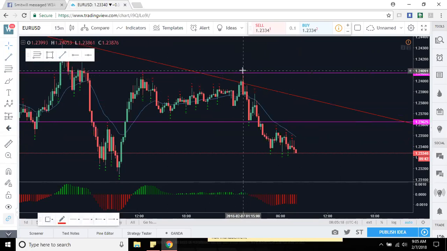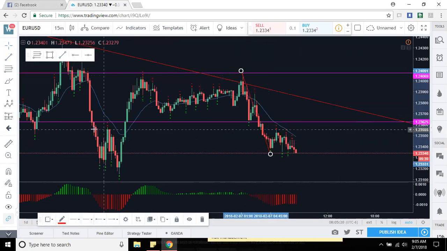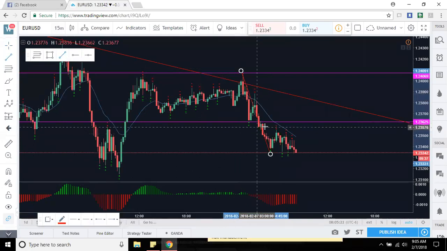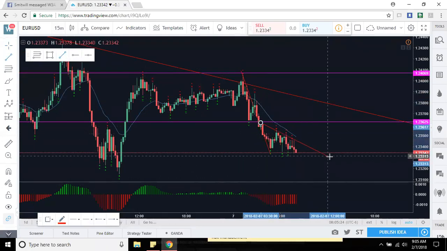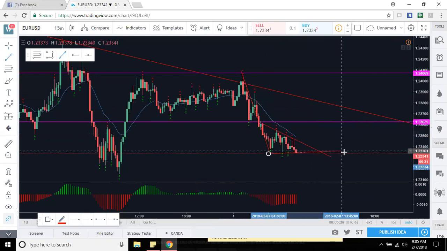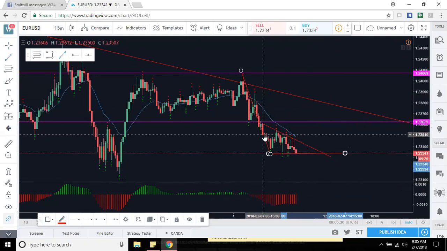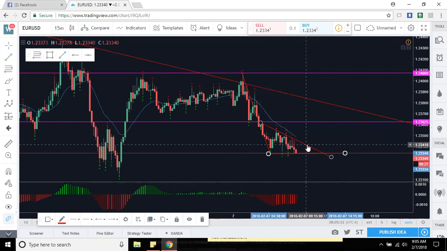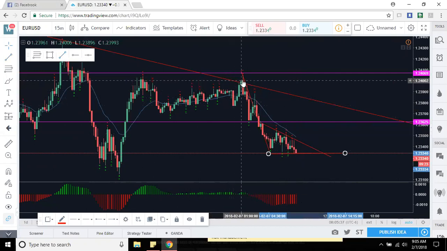So you're looking at something like this. All right, see this triangle? This is your pennant, flag, whatever you want to call it, your wedge. Here's your bearish move right here. Each of these highs have gotten lower and lower.